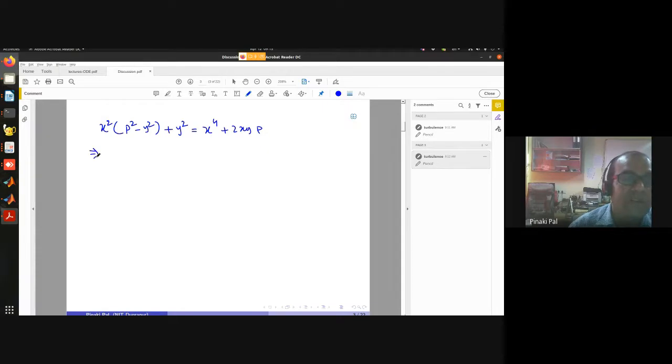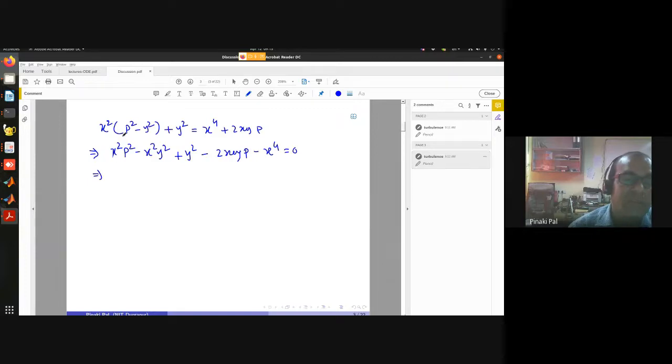Now, if we write it in this form: x square p square plus y square minus 2xyp minus x to the power 4 equal to 0.